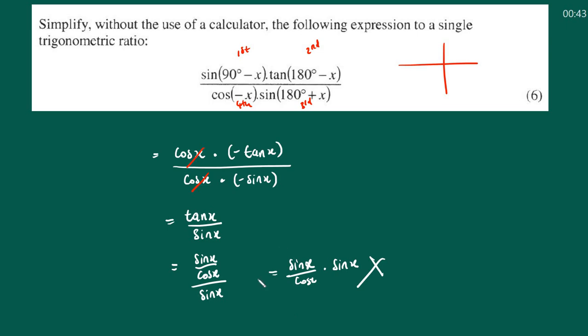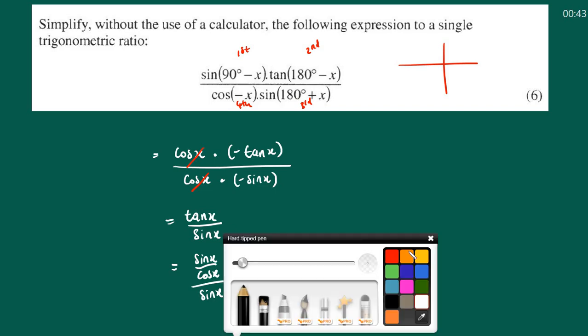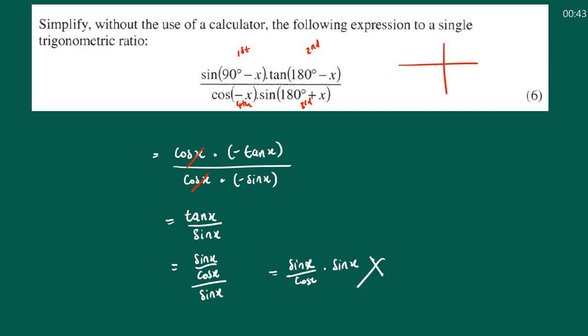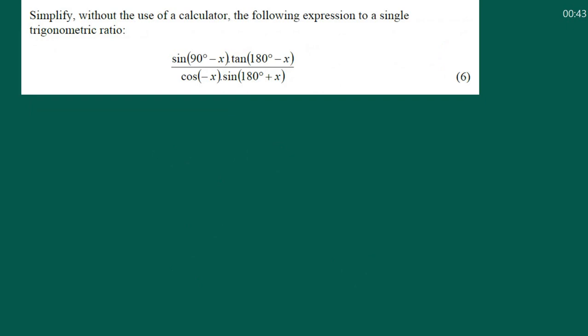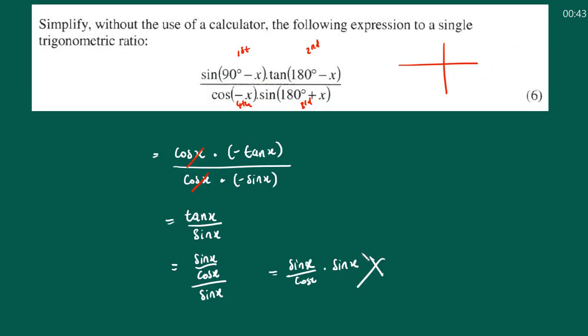Okay. Wait a minute. Let me grab the question we had before, and I want you to tell me what is the difference. I'm going to copy this and put it here.